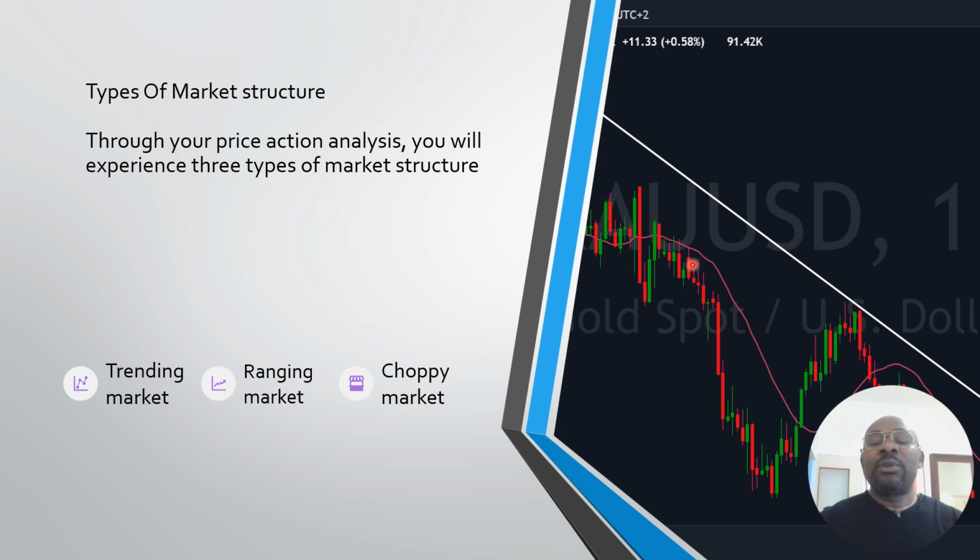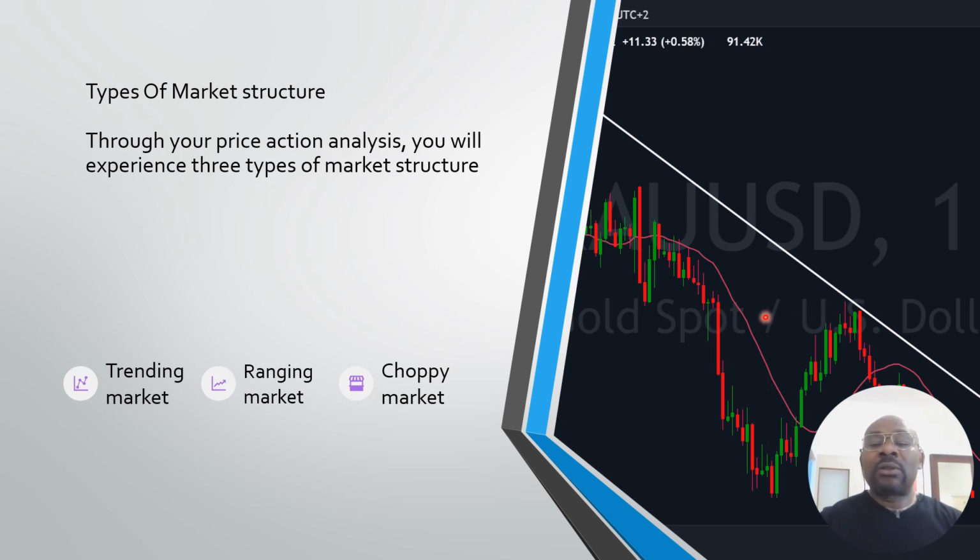Now, for example, if you see this kind of trend, you will just know that this is a bearish trend from up left to the downside. This place now, this is what we call a pullback, then it continues again.